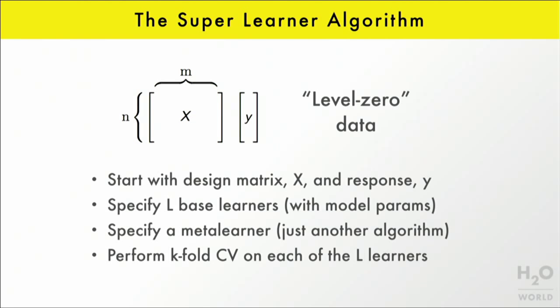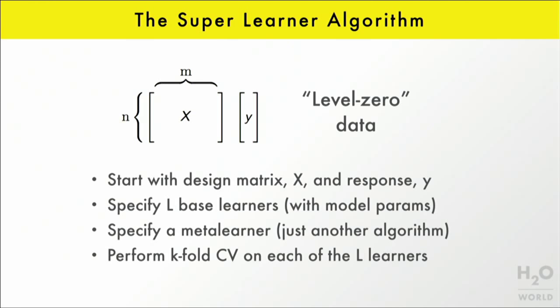Basically how it works is you use cross-validation on each of your base learners. You break up the data into k folds and do k-fold cross-validation, and then, let's say you started out with n data points, you get a vector of n predicted values that have been cross-validated.